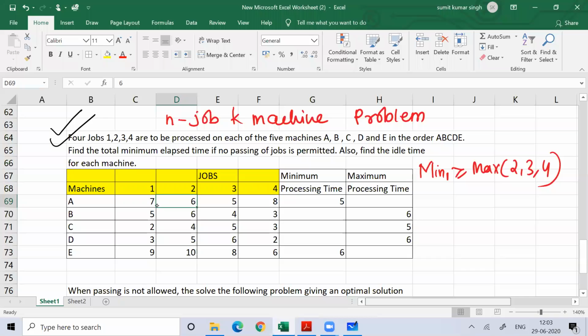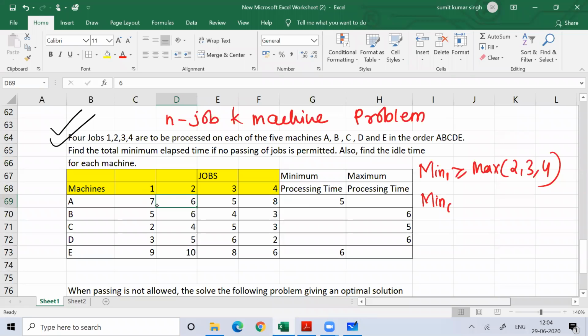So you can easily see that this is equal. Similarly, for machine B, that is also greater than or equal.